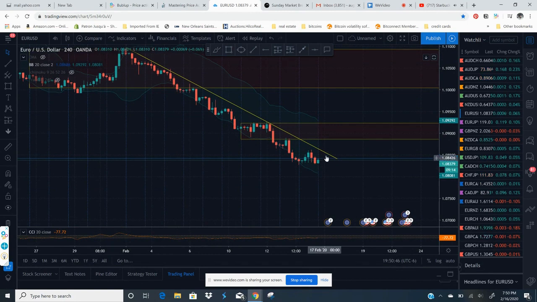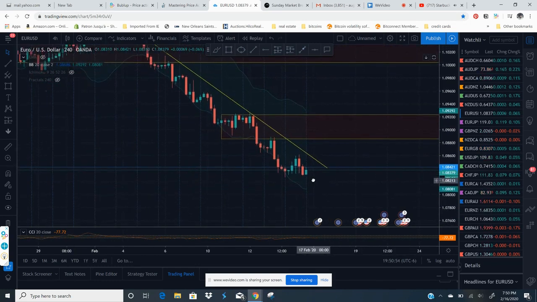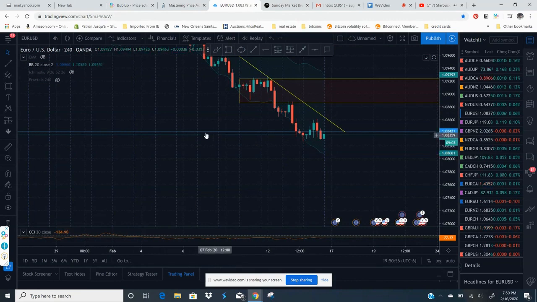Sideways, continue to hit this and come sideways downward. And as you can see, it just pushed up, tried to push up through this trend line. Price is going to continue to go down. Let's look at this. I don't like this trade, so I'm not going to get in. We're just going to analyze it.